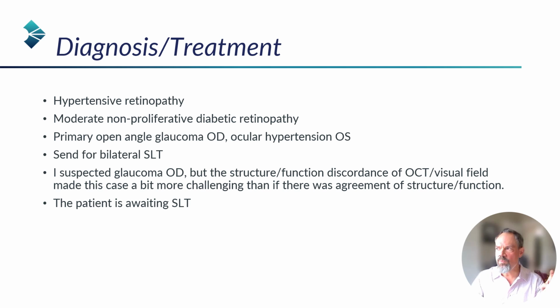And we were suspecting glaucoma based on structural testing, and also the visual field did show some asymmetry in the mean defect, but when we really tried to correlate structure function using the polar analysis tool, there really was not good structure function correlation.